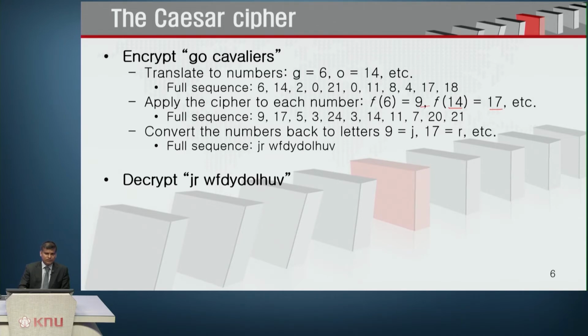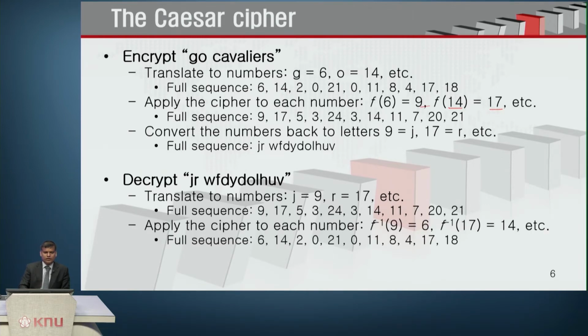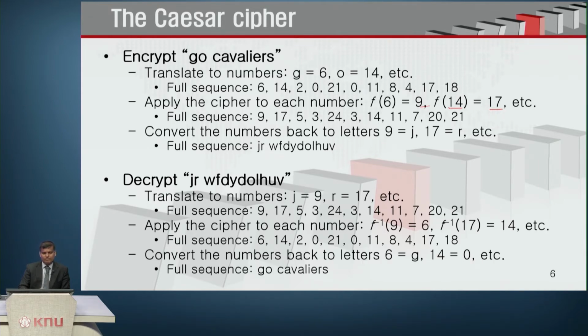For decryption, we just do the reverse process. You take the whole sequence and apply f inverse, that is p minus 3, to every number in this sequence and then convert this into the alphabets.